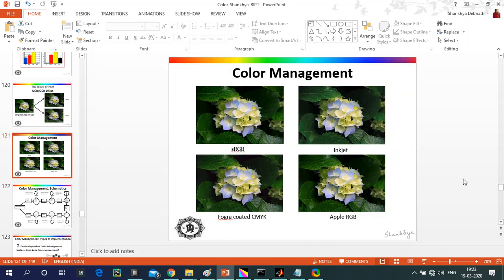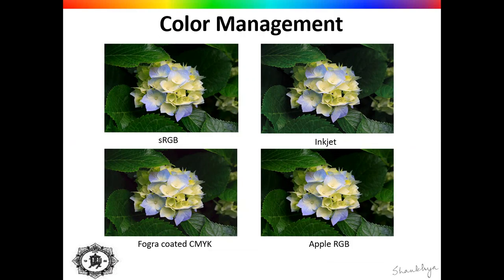Hello and welcome back. During the last few lectures, we focused our attention on colorimetry, and we saw a whole lot of stuff going on. We saw different types of color spaces.